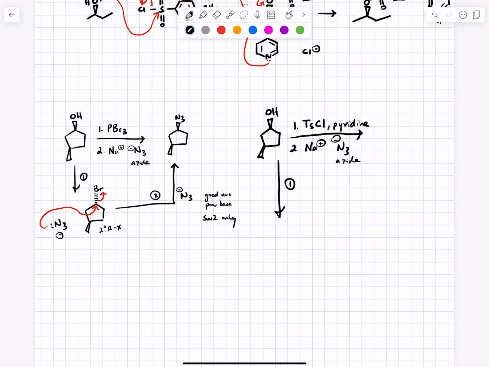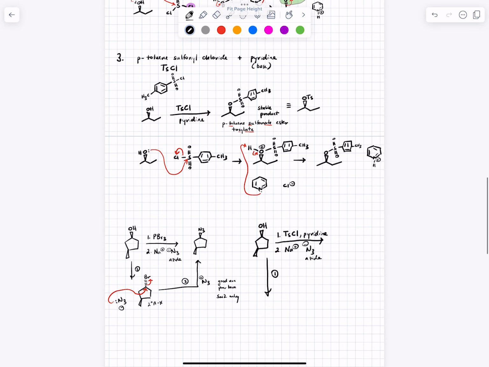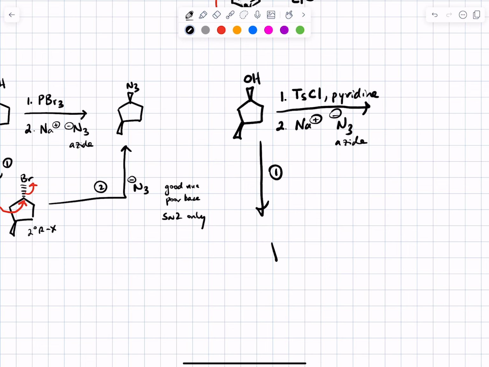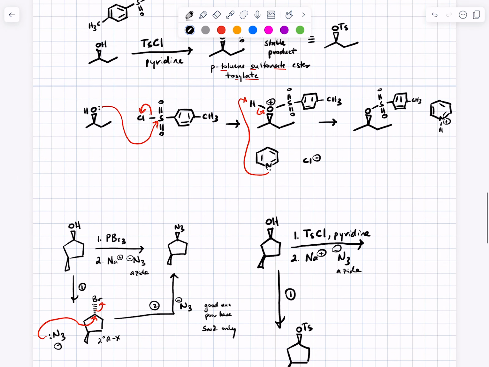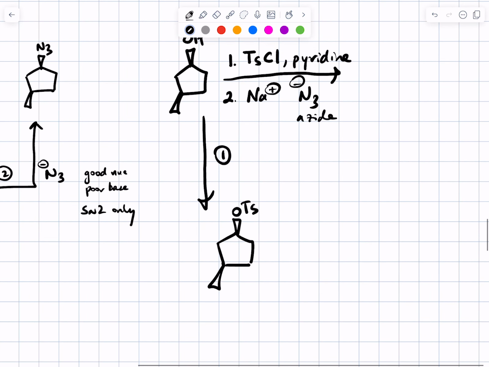Notice, based on what we just talked about, that if we use para-toluenesulfonyl chloride, that should make the tosylate without having chloride come back in from the backside and do a displacement. So we've made this stable product, the tosylate, and we haven't changed the stereochemistry on where that oxygen was.